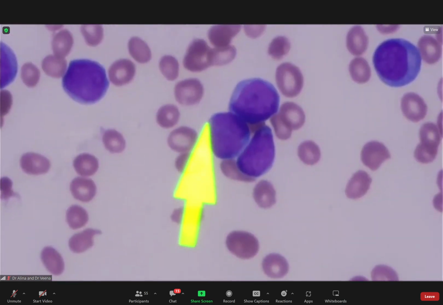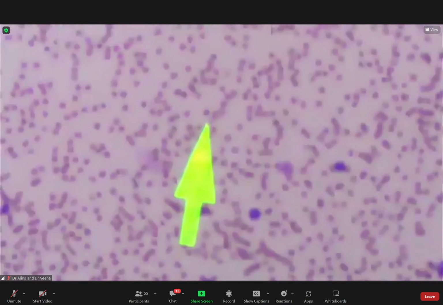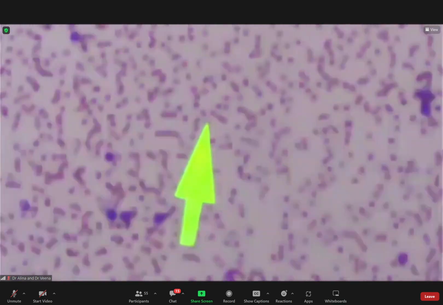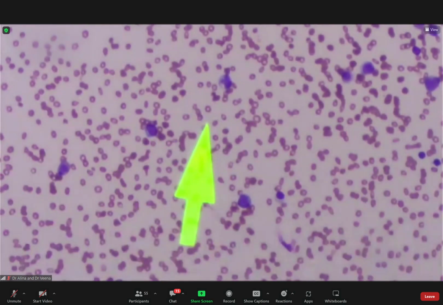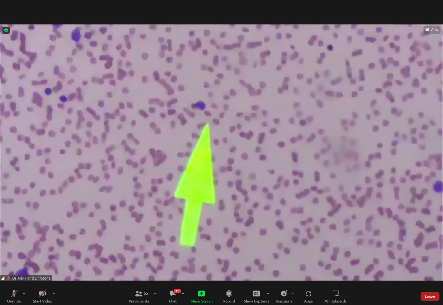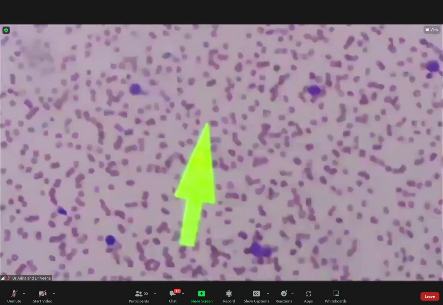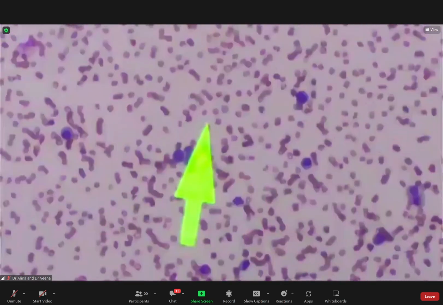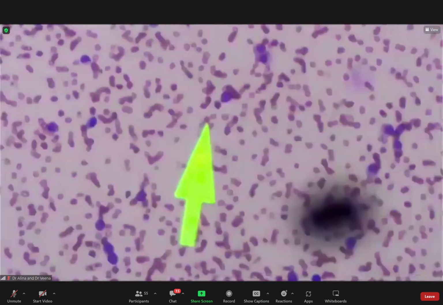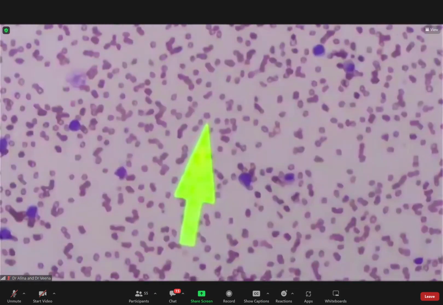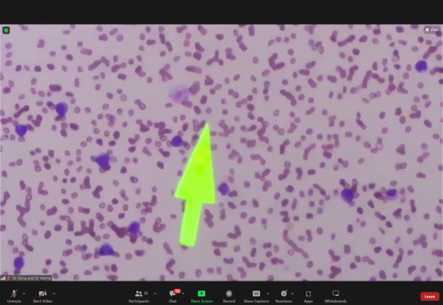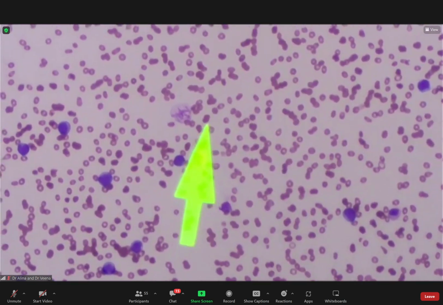But some of them are quite blastic looking. And then in the background also you have smudge cells.